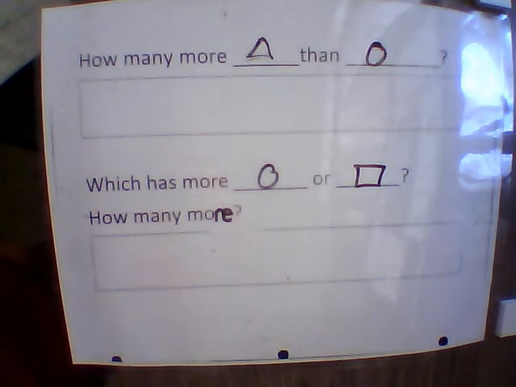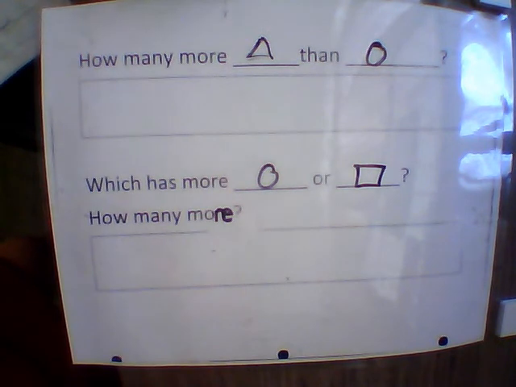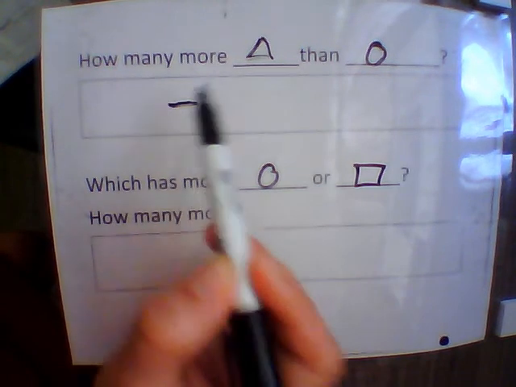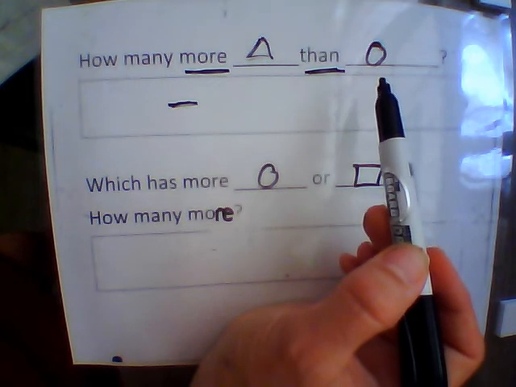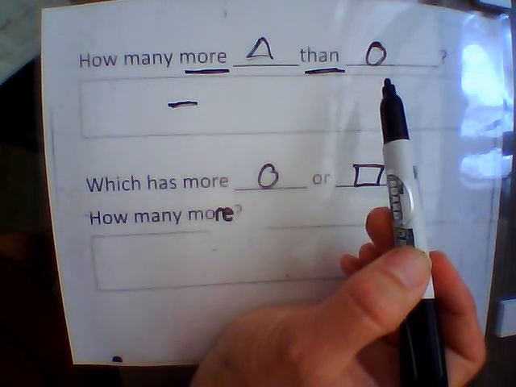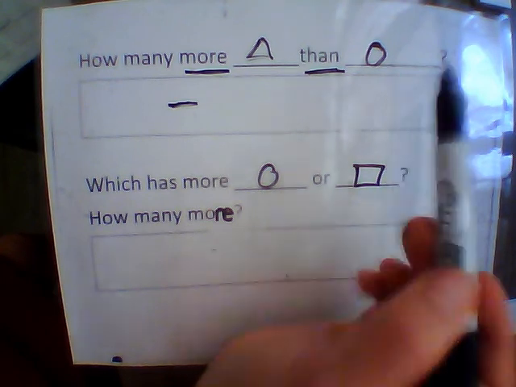So it says, how many more triangles than circles? So, looking at that problem, are we going to be adding or subtracting, and how do we know? We're going to subtract because we see more, more than, that comparing. We want to find the difference. So when we're looking for the difference, we always have to start with the larger number first when we're doing the subtraction.